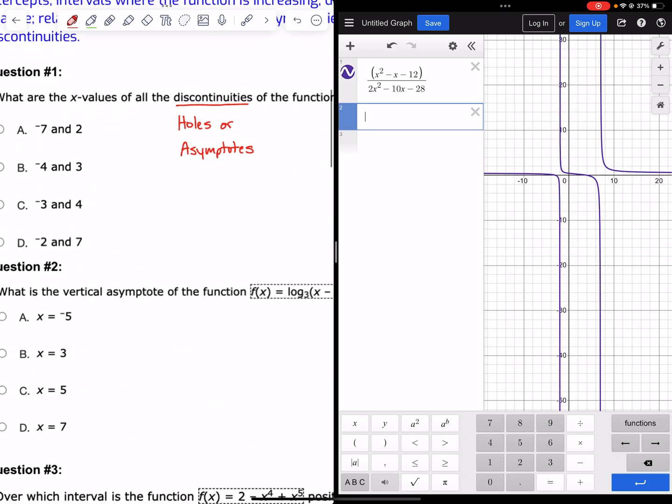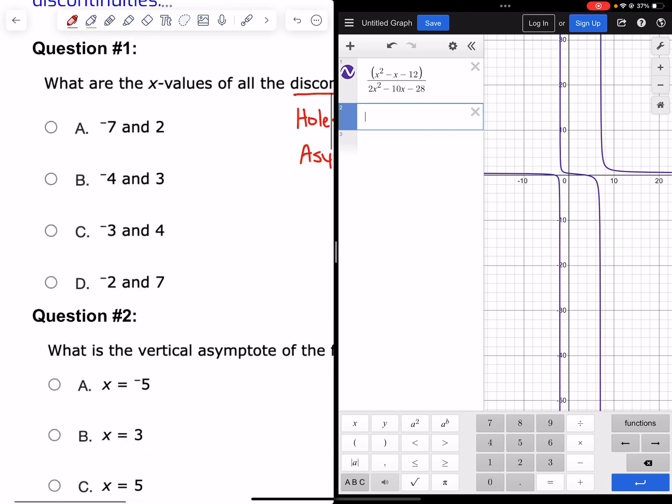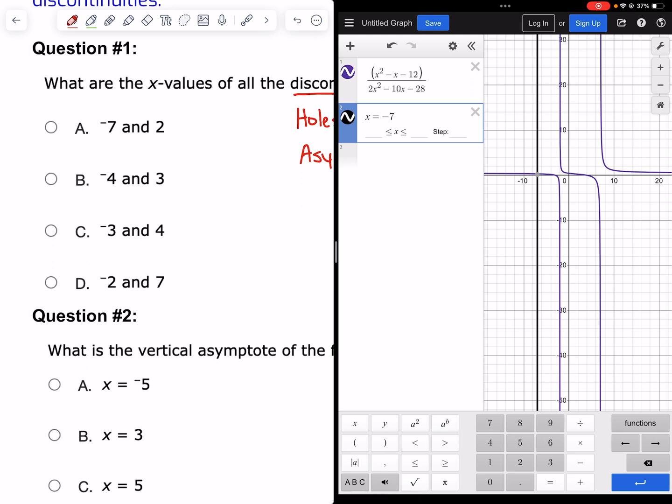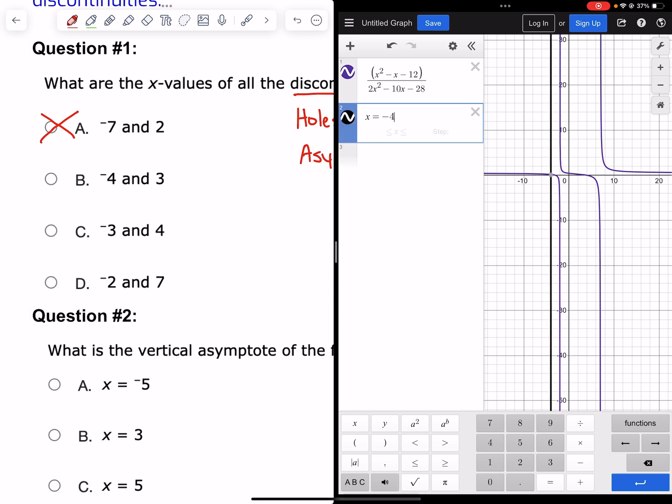And you can kind of tell which ones make good sense, like -7 and 2. Let's just say I type x equals -7, but that's not where this graph looks like it's undefined. So that would not make sense. X equals -4 is answer choice B, and that still does not make sense because the graph is not touching those values.